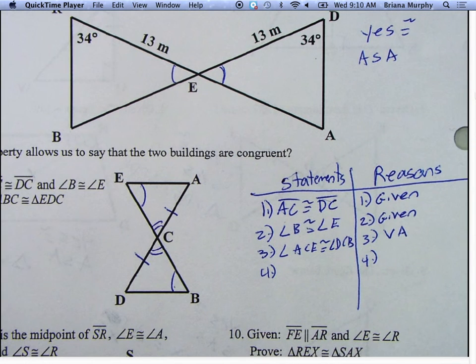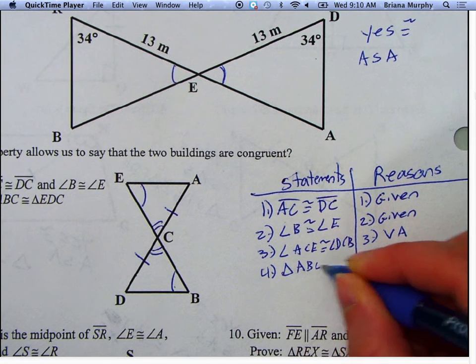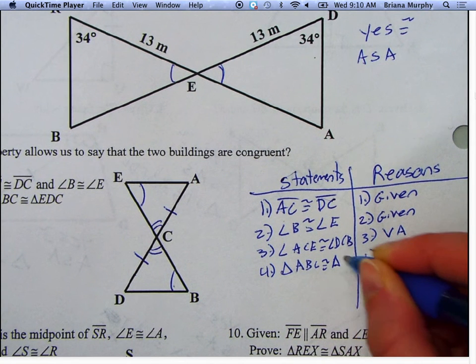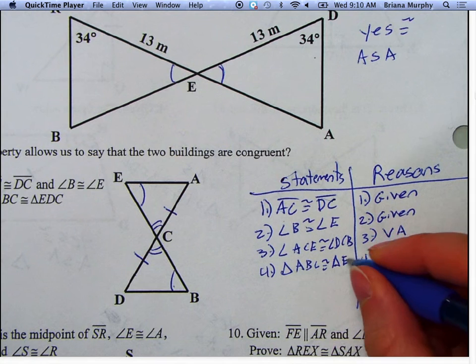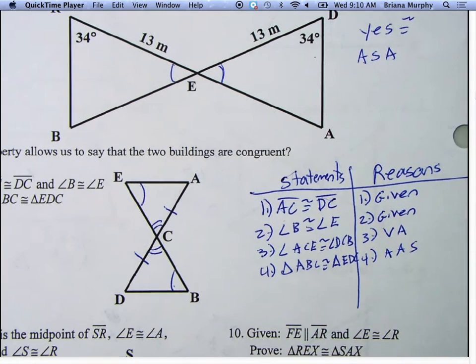What's my 4th step, guys? Triangle ABC is congruent to triangle EDC by angle, side. Good. Can you put SA in? Yeah. Okay.